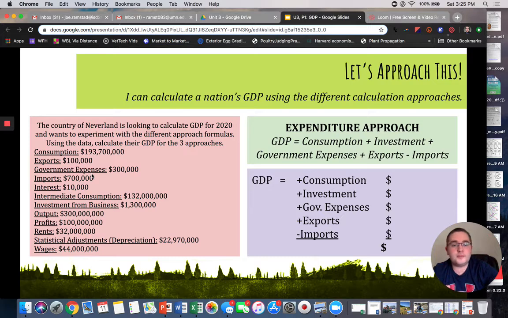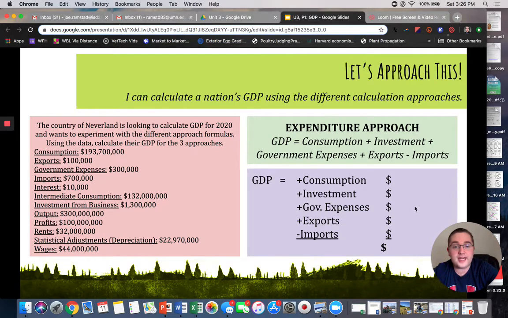So expenditure approach, and if you're feeling confident on this, you can go ahead and pause and try calculating all of these on your own. Otherwise, we can do it together. The expenditure approach, again, consumption plus investments plus government expenses plus exports minus your imports. I'm basically just going to go ahead over here and say, well, our consumption is $193,700,000 and plug that in over here.